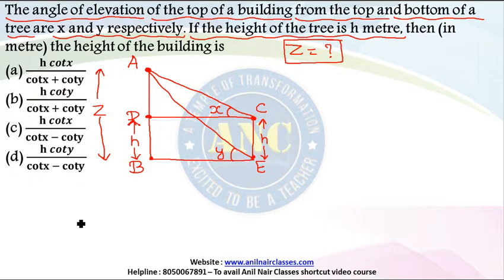But in these kinds of questions where the angles are given in terms of variables, not numerical values, and the height is given in terms of a variable, again not a numerical value, there is not even one single numerical value given in this question, and the answer options are also represented in terms of variables.